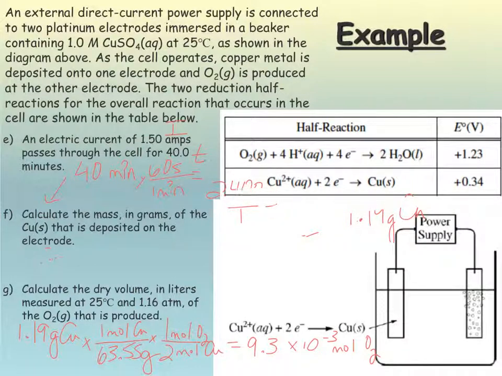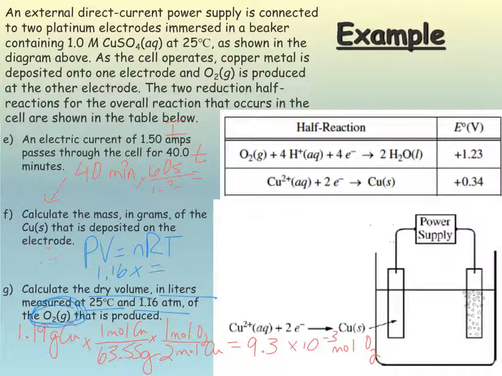I'm going to erase again so I can write up here. This is not standard conditions, okay? It's 25 Celsius and 1.16 atmospheres, but it is a gas, so that means PV equals nRT. Pressure is 1.16. V is what I'm looking for.